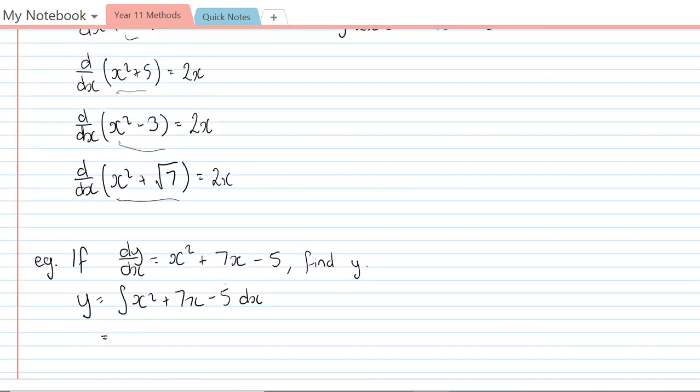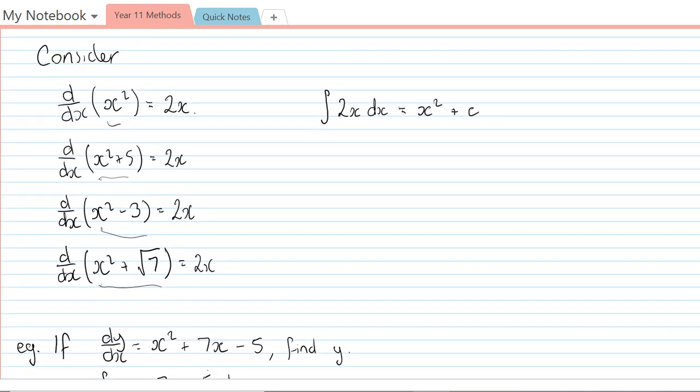Let's just duck back up the page for a moment, because we need to consider the general rule here. Okay, what's going to happen if I have x to the power of n dx? So what happened in this problem just here? The 2x became an x squared, so we raised the power by 1, but we also had to cancel out that 2 that was out the front.